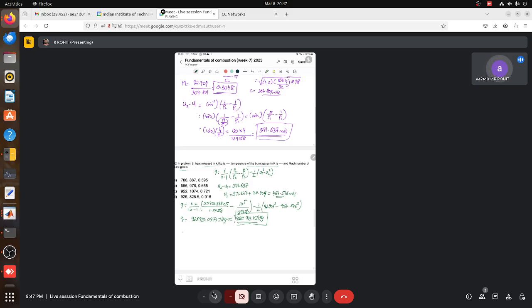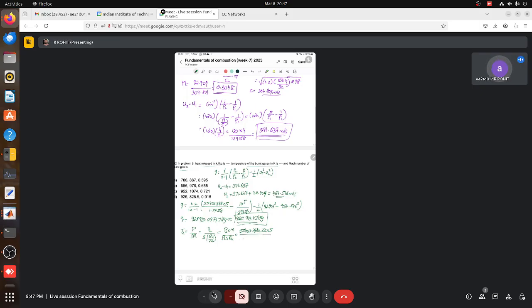Then they are asked to find T2. So T2 is nothing but P by rho R, which is nothing but P2 by rho 2 into Ru by molecular weight. So P2 into molecular weight by rho 2 into Ru. Now P2 is nothing but 55403.398 into molecular weight 32 into 5.